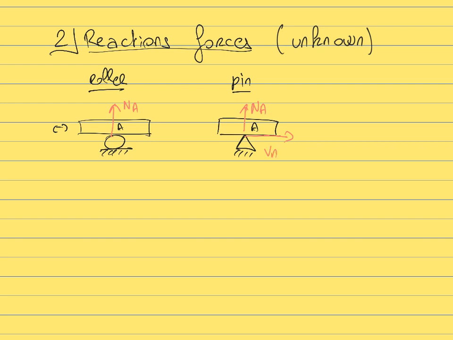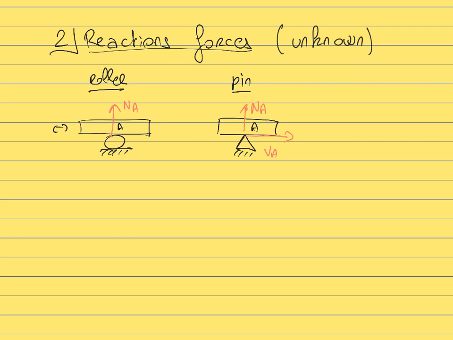So the pin will also apply a shear force, a force that is not normal, a force that is along the surface over which the force is applied. We can typically write this force V. That's going to be a shear force. So those are the two resultant forces, one horizontal, one vertical, that are the two unknown forces induced by a pin.